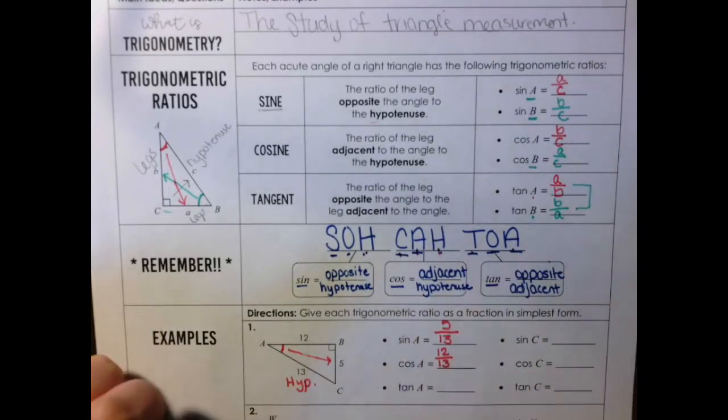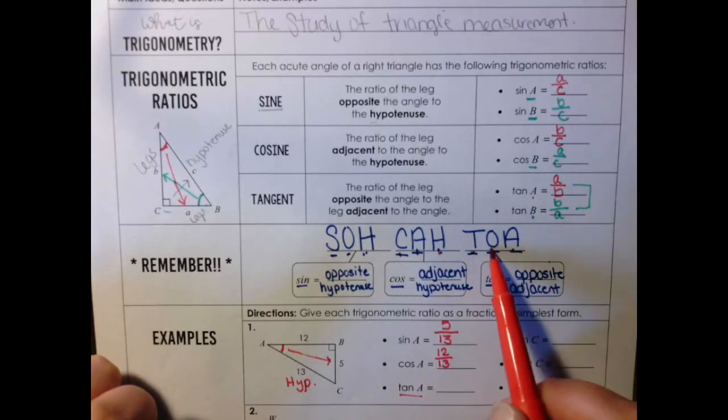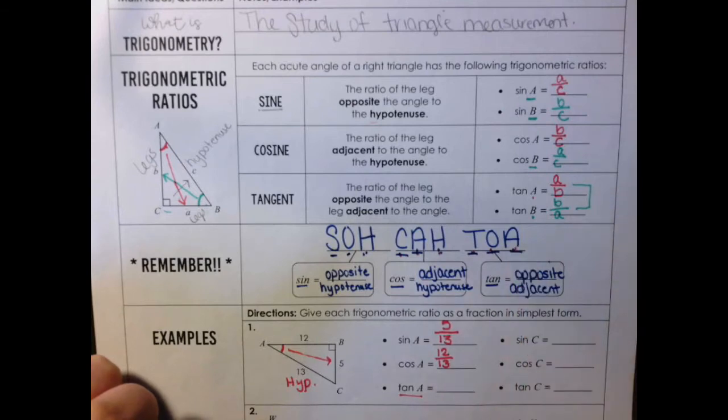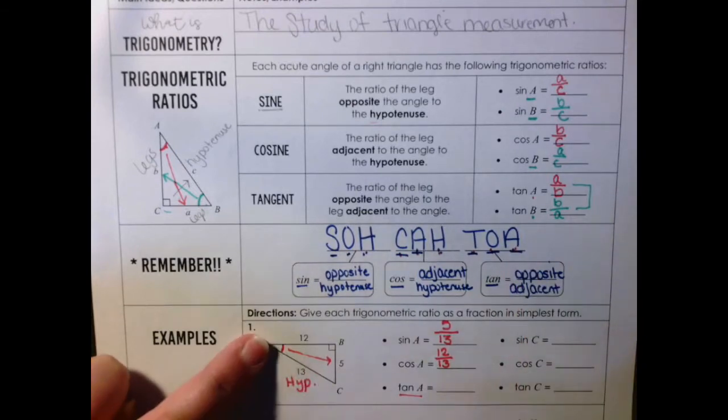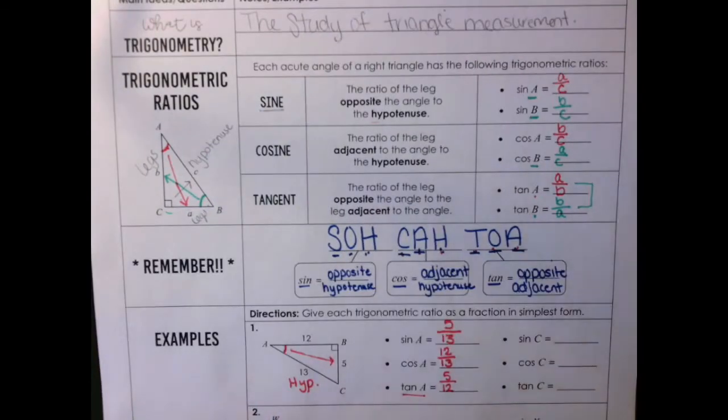And 12 over 13 cannot be simplified. And then lastly, I want my tangent of angle A, so that's going to be TOA. So tangent is opposite over adjacent. Looking at angle A, I need my opposite. Across from it is going to be 5 over my adjacent leg, which will be 12. So I have 5/12, and again, that is in simplest form.